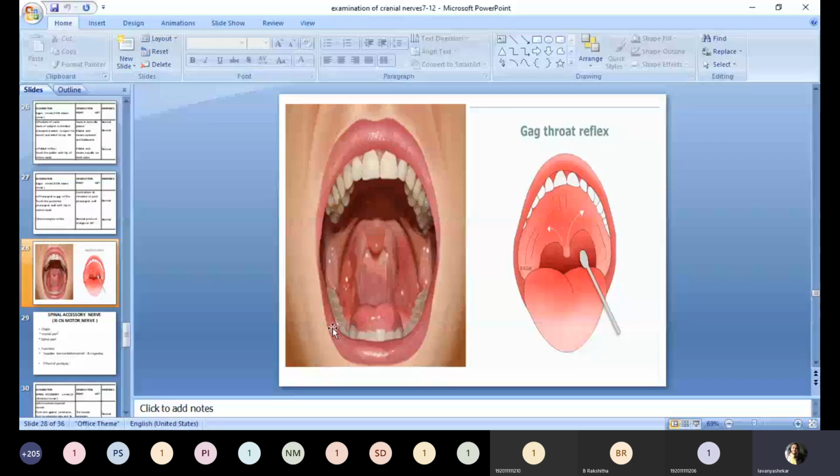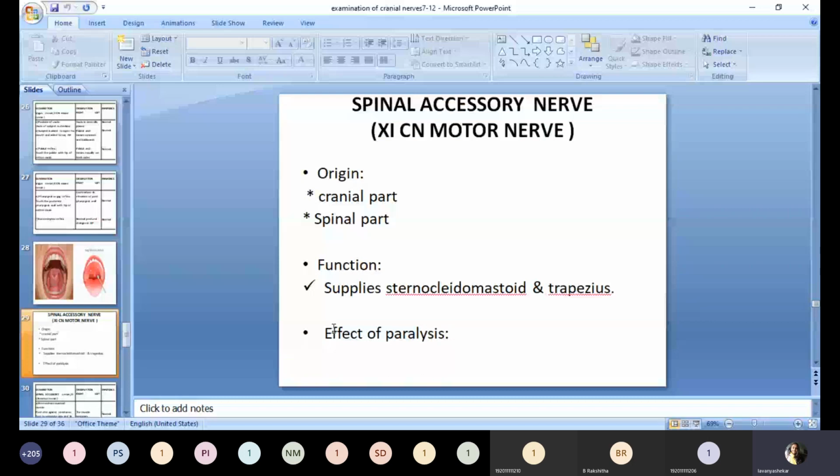So next is your 11th cranial nerve, that is the spinal accessory nerve. It also originates from two different locations, that is it has both the cranial part as well as the spinal part. The cranial part arises from the medulla below the origin of your vagus nerve.